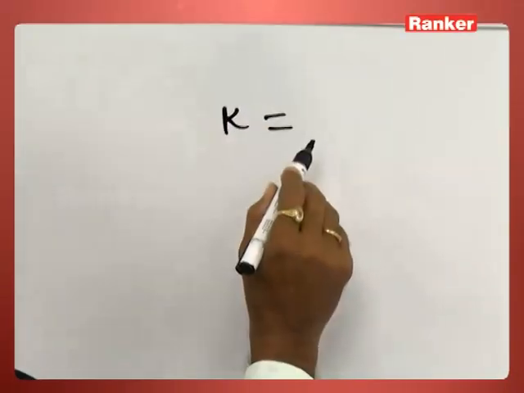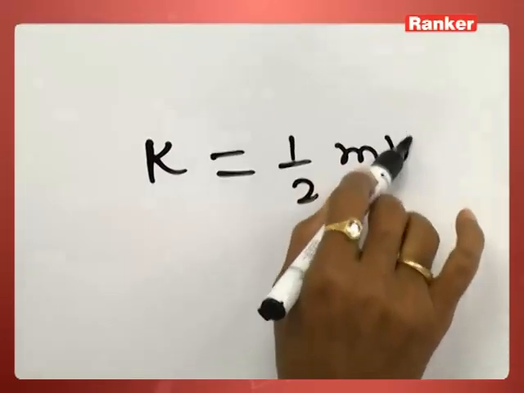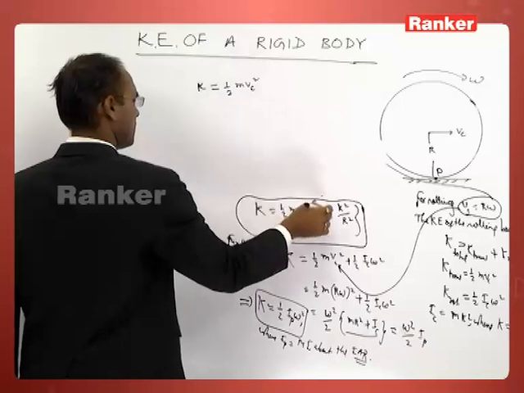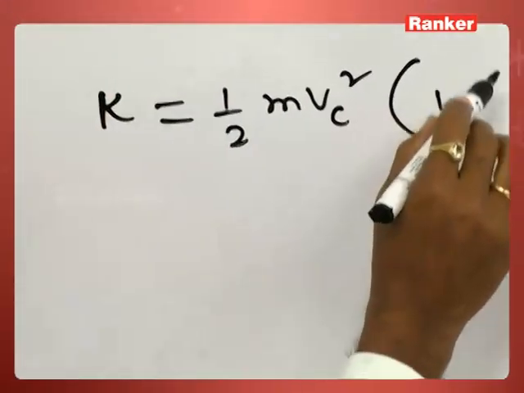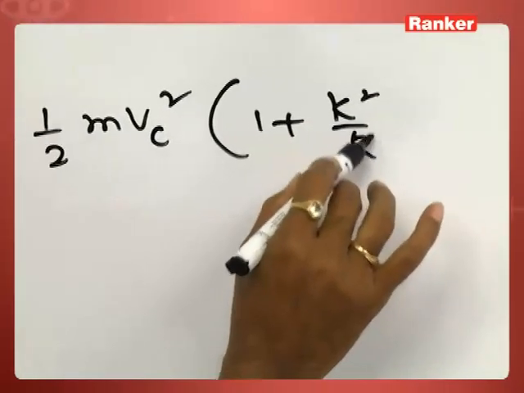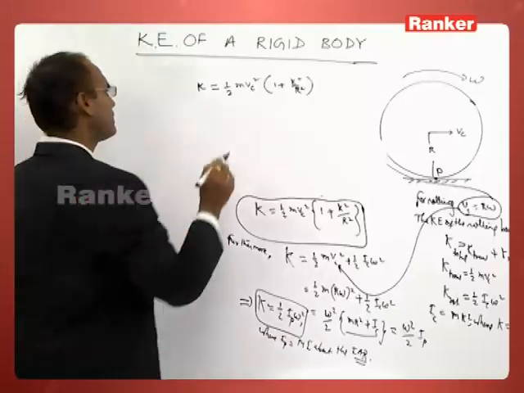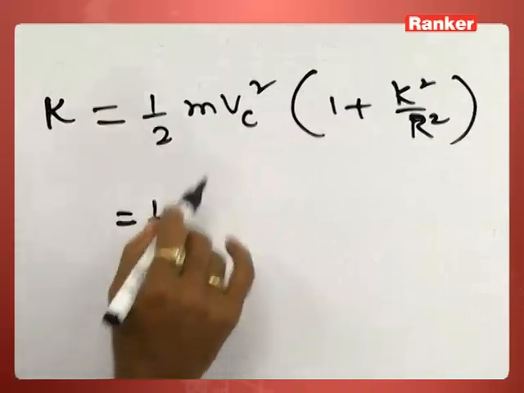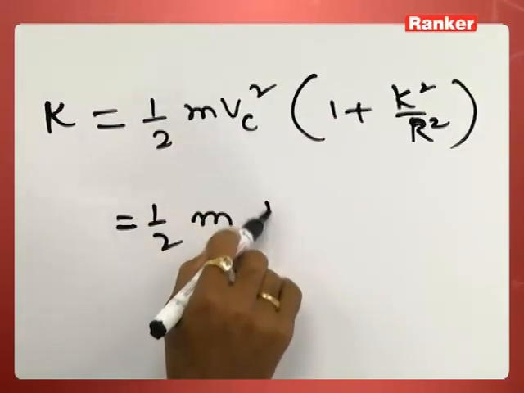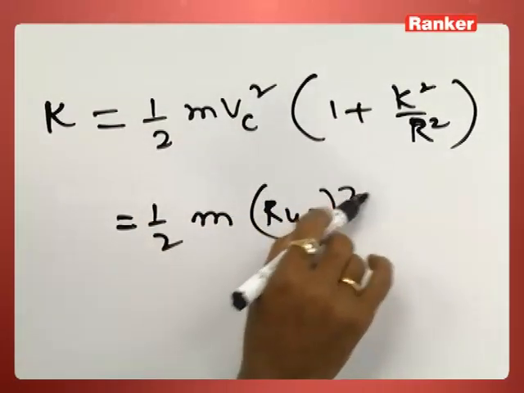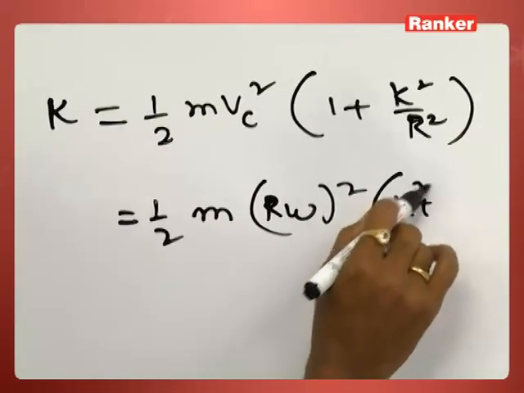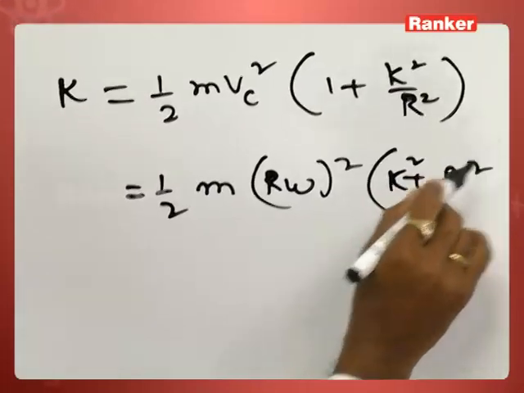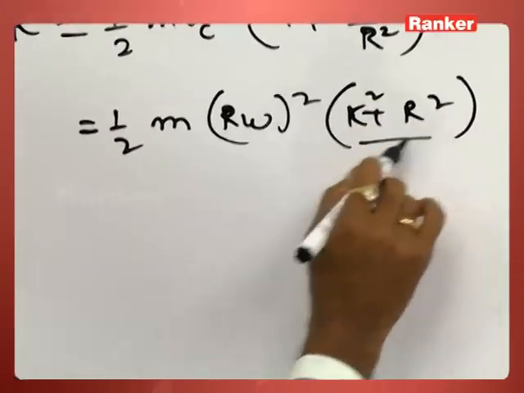We write K is equal to half m Vc square into 1 plus k square by r square. You write Vc is equal to r into omega. This is k square plus r square by r square.